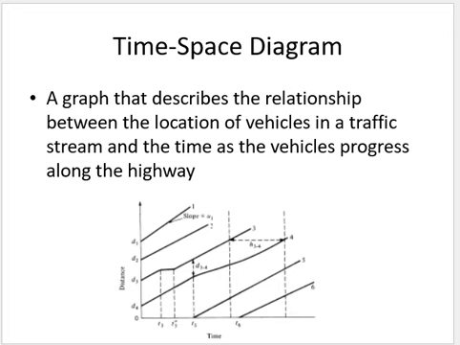Okay, a very important graph in traffic flow theory is the time-space diagram, which you see on the slide here. So we have space or distance on the y-axis, and time on the x-axis.